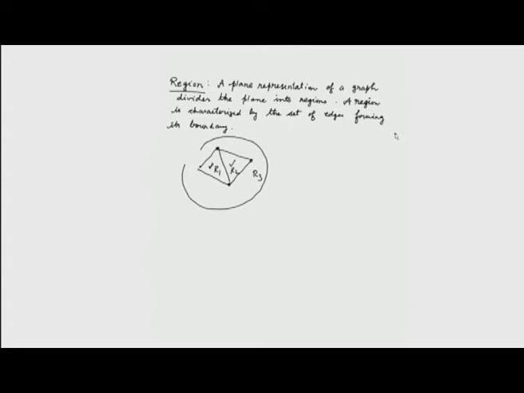Now, we can remove this distinction between finite and infinite region by embedding a graph on a sphere, on the surface of a sphere, by using stereographic projection.